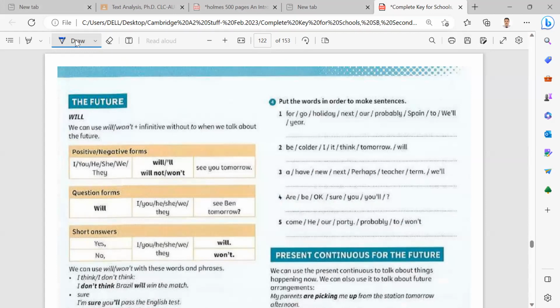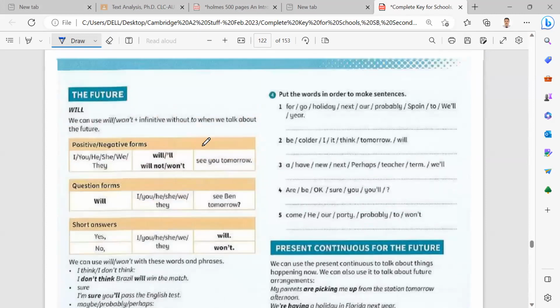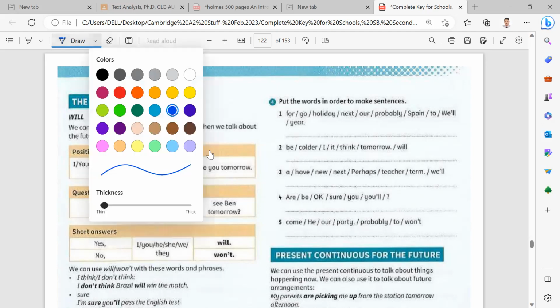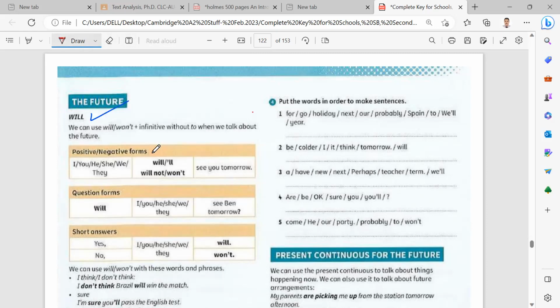Yes. طيب. The first one أول شيء نعرفه، خلاص إحنا عرفنا الإيه، يعني هعيد اللي أنا شرحته لكن more details. The first one we use will. When we use will, here the will. Here of course use will not, negative, positive, and the question.